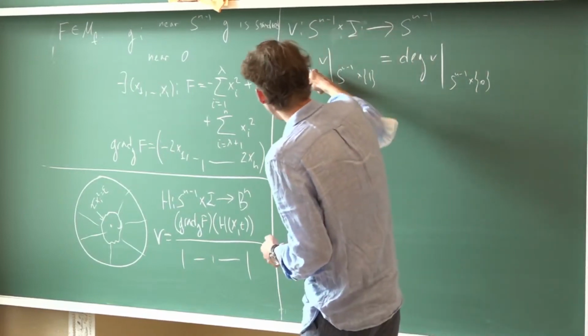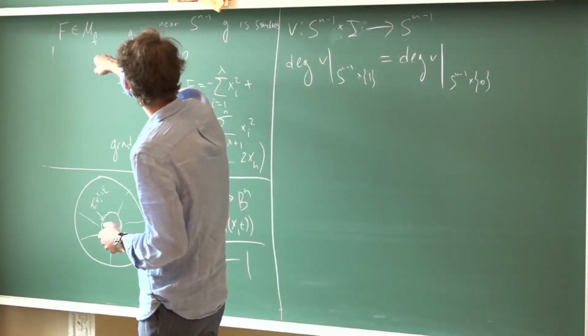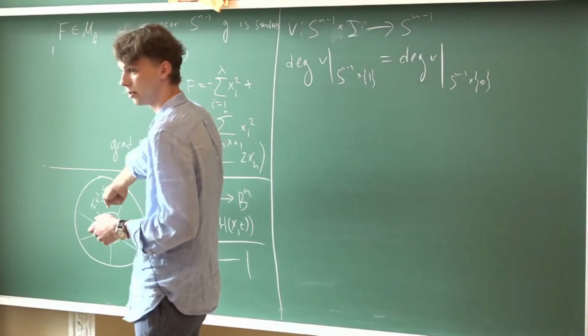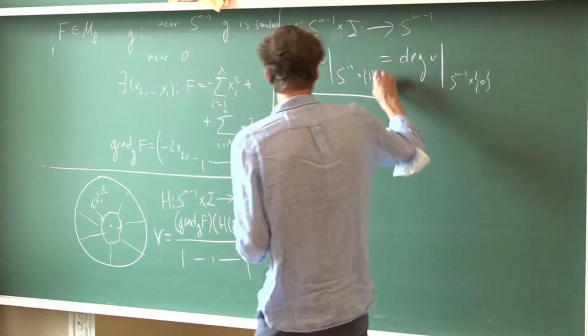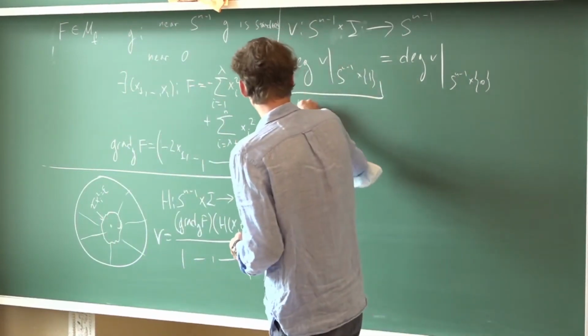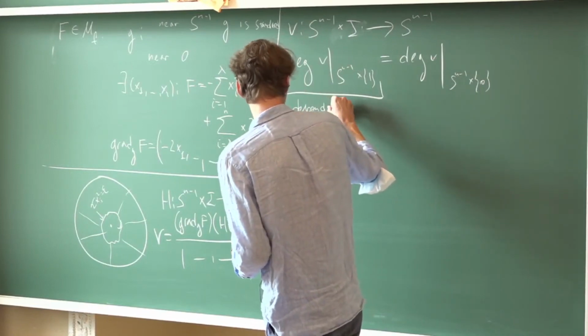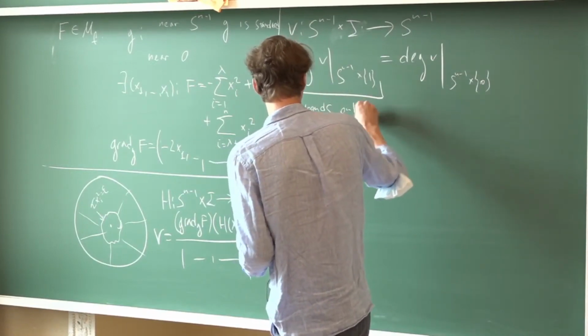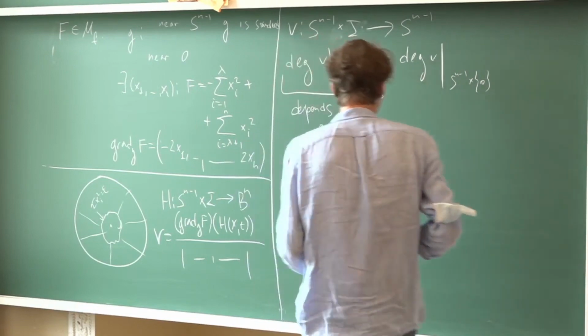But as our function f is just the small f near the boundary, this degree on the left depends only on the initial function small f, only on f.